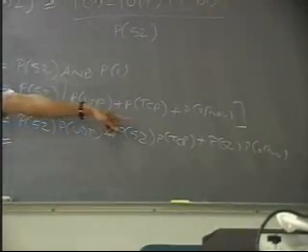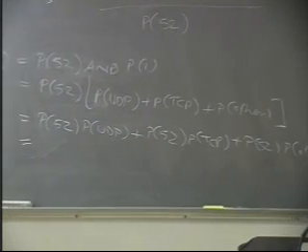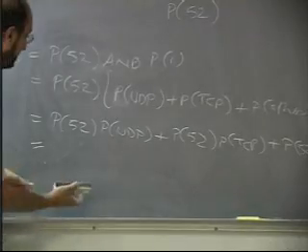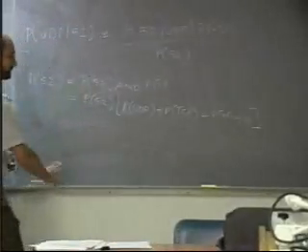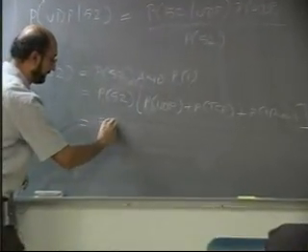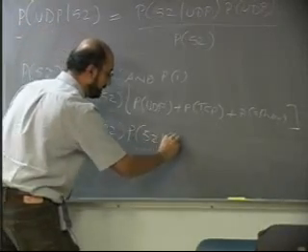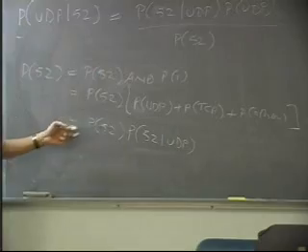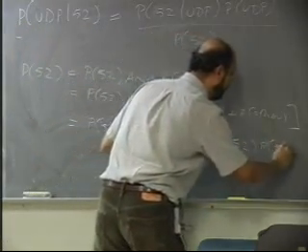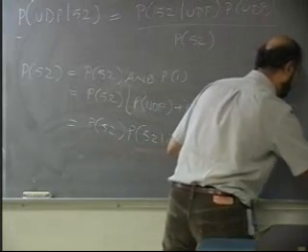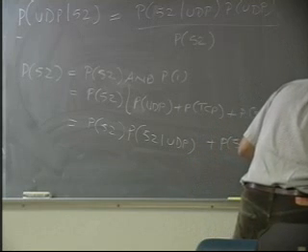This last term is 0 because P, wait a minute, actually, oh geez, I got this wrong. I have to put the conditional, I'm sorry. It's a good thing it's a whiteboard. What I want to do is P 52 times P 52 given UDP, because that's how I get the joint, plus P 52 times P 52 given TCP plus P 52 times P 52 given other.